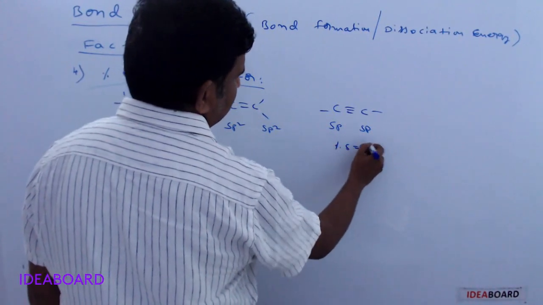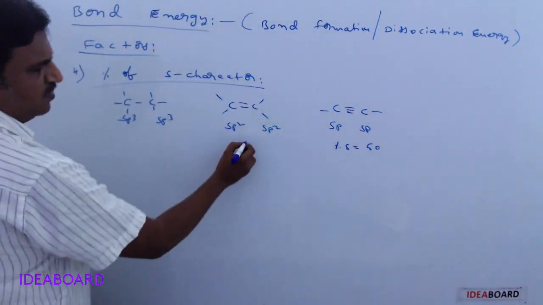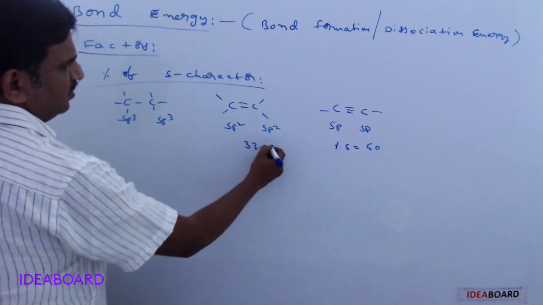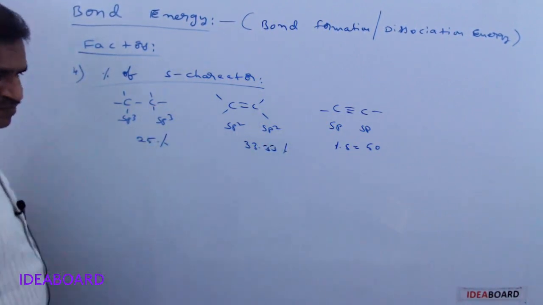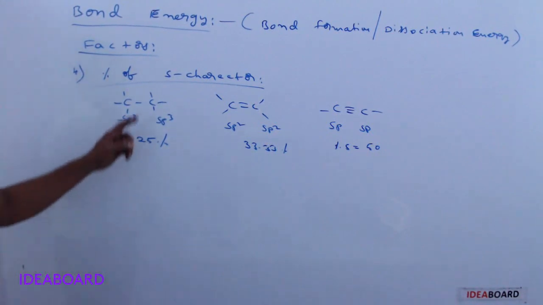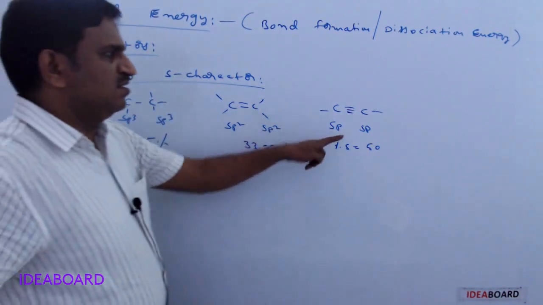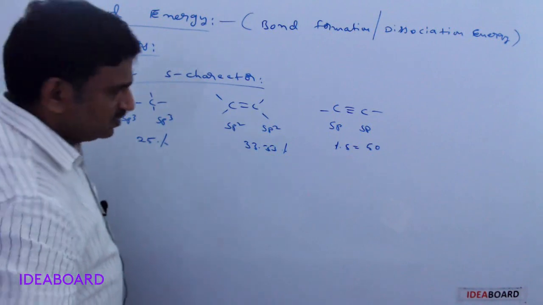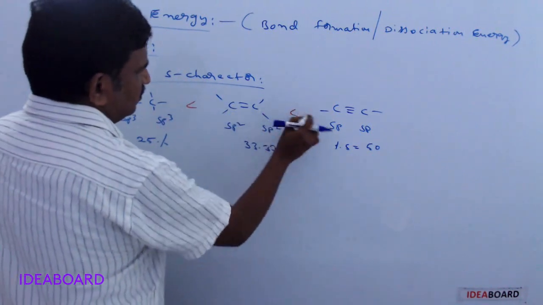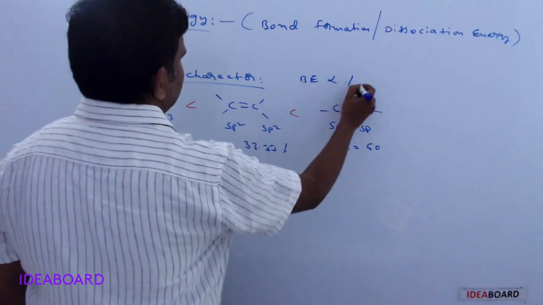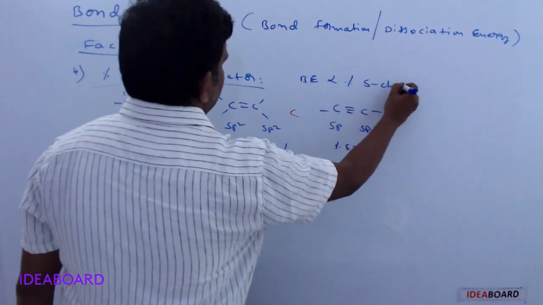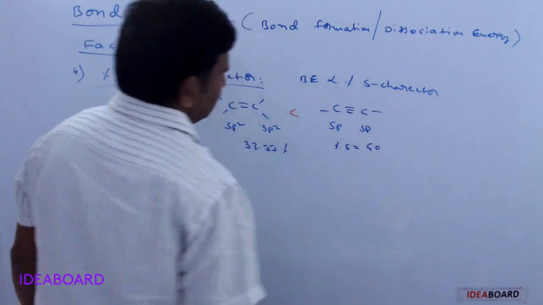The percentage of s character is 50 here, 33.33% here, and here it is only 25%. Whenever the percentage of s character increases, the bond energy value increases. So bond energy and the percentage of s character are directly proportional.